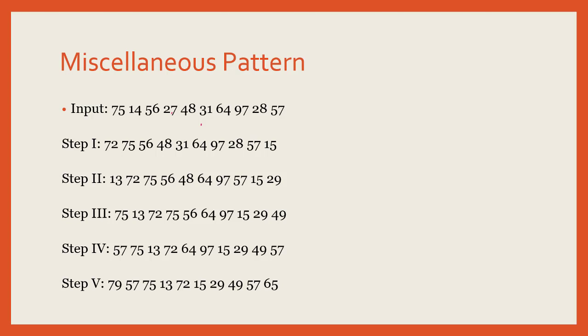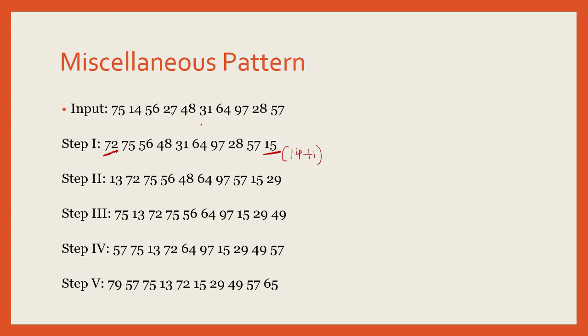When we move from input to step 1, we see that 15 has come at the end, whereas there is no 15 in the input, but we have 14 in the input, and 15 is only plus 1 from 14. So this 15 has come from 14 plus 1 because we could not see 14 in the step 1. And on the leftmost side we can see 72.